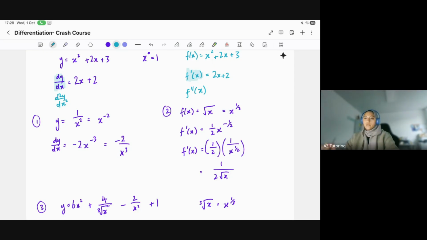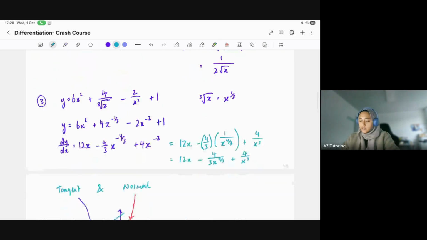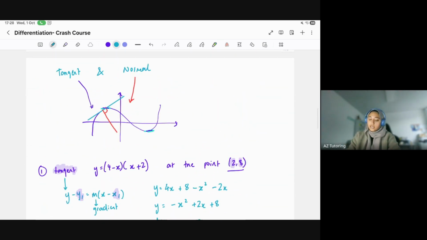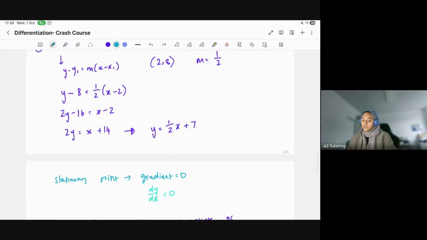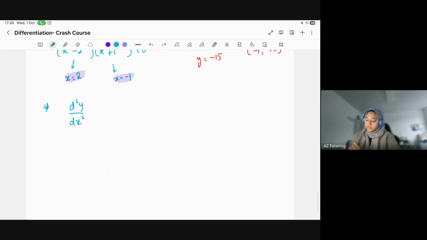So what does finding the second differential get us? The second differential is going to tell us whether these two points are maximums or minimums, because we can't always draw the graph, sometimes we just want to find it out from differentiating. Okay, so that's what it's telling us, whether it's a maximum or a minimum.